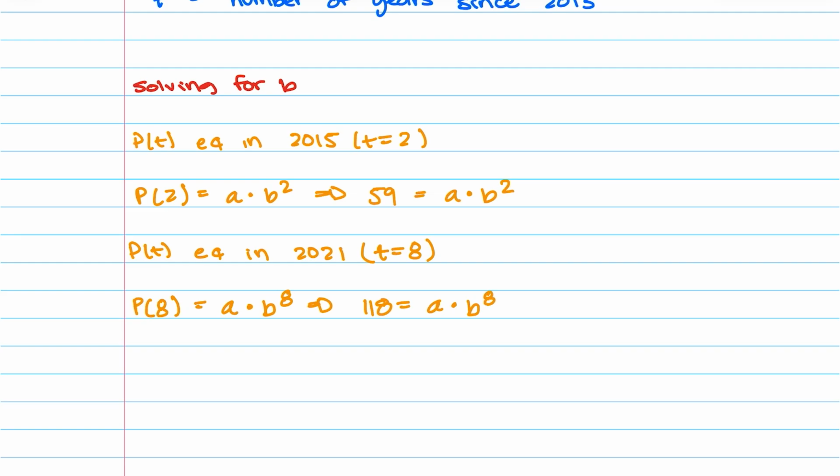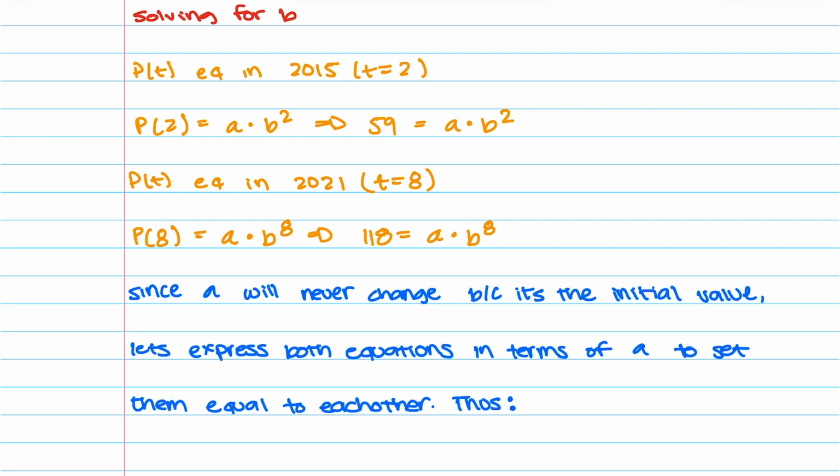Now, with these two equations, you have to realize that a is never going to change because it's the initial value of plants during the year 2013. And so by expressing both equations in terms of a, we'll be able to set them equal to each other and solve for b.